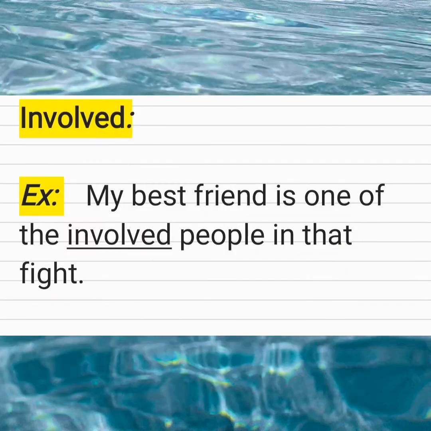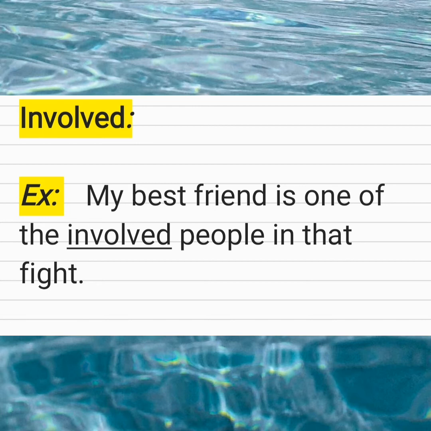Let's identify another word, involved. Involved is a word that might come in the sentence as a verb or as an adjective. Okay? Read the example. My best friend is one of the involved people in that fight.